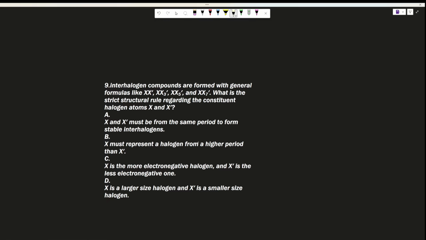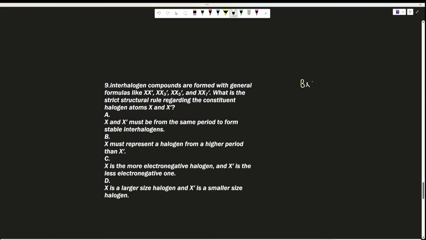Next. Interhalogen compounds are formed with general formulas like XX', XX3', XX5', XX7'. What is the strict structural rule regarding the constituent halogen atoms X and X'? When you consider, say, BrF5, interhalogen means both should be halogens here, or say IF7. In any interhalogen compound, the central atom should be larger compared to the surrounding atoms.